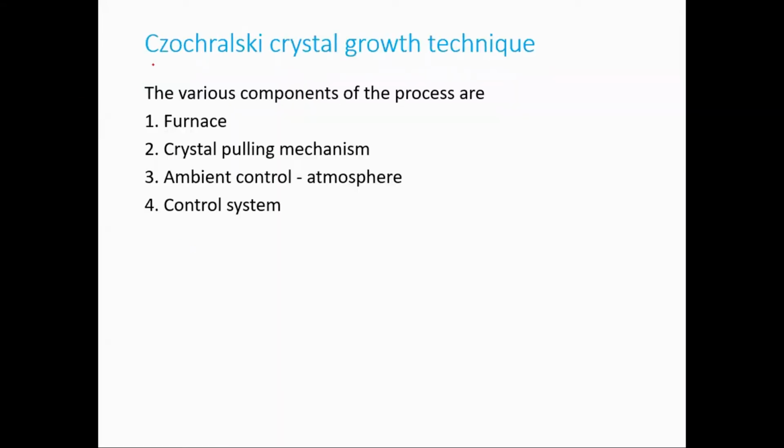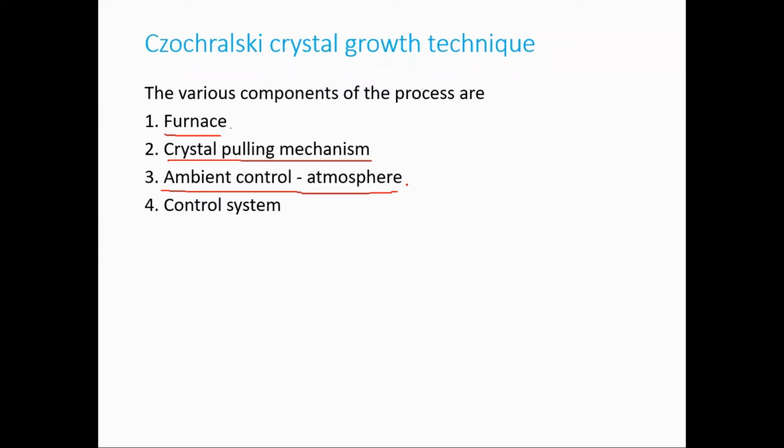When you talk about the Czochralski crystal growth technique, various components are involved. You need a furnace to melt your amorphous silicon, and a crystal pulling mechanism, as the crystal is generated and pulled up. Then ambient control: we need a particular constitution of air so that it cannot react with the molten silicon.